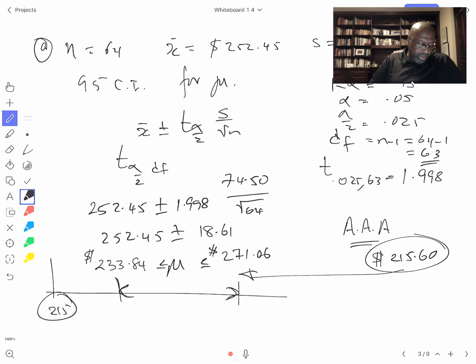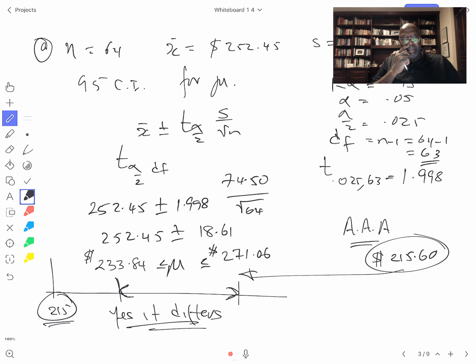That number is now different. So yes, it differs, as any value in that interval is greater than 215. So there is evidence that the mean has actually gotten bigger. People are spending more, which makes sense. Over time, it's becoming more expensive. Food is getting more expensive. Fuel is more expensive, etc.